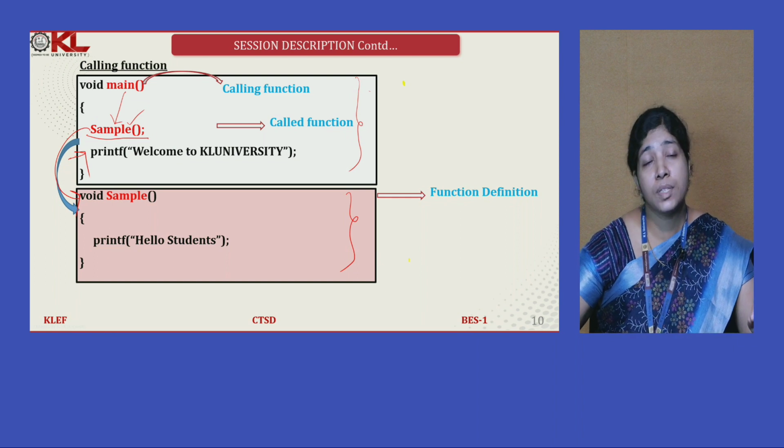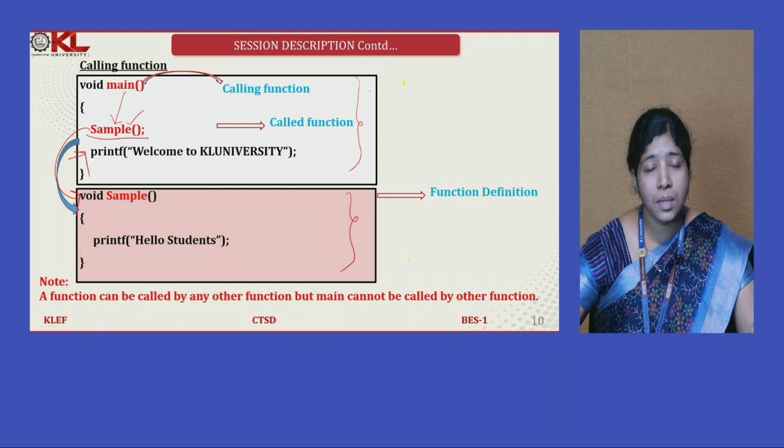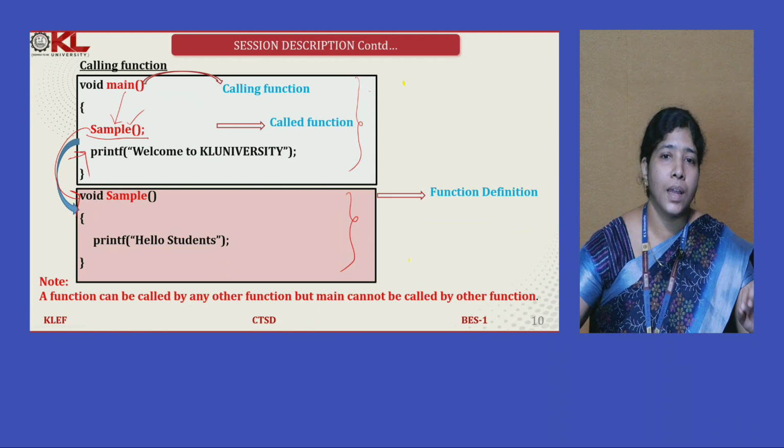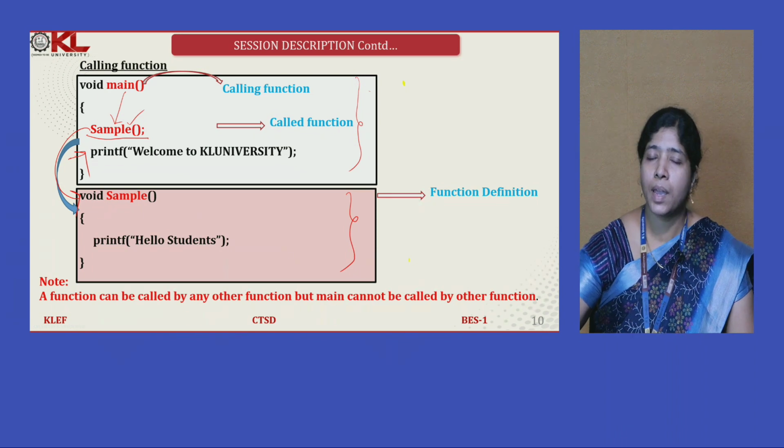Okay, we'll see the categories now. Just have an example with all these things and we will see the categories of how these functions are done. Now you have to remember one thing: a function can be called by any other function, but main cannot be called by other functions. User functions can be called by any other functions, but the main function cannot be called by other functions.